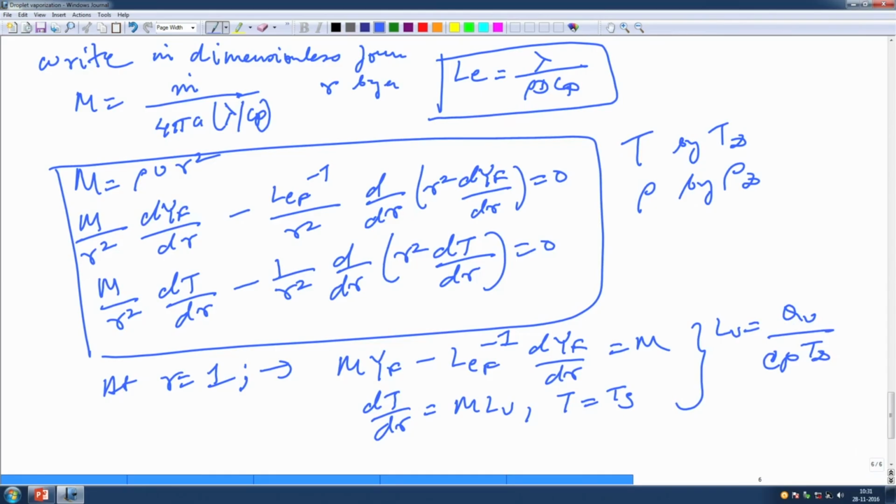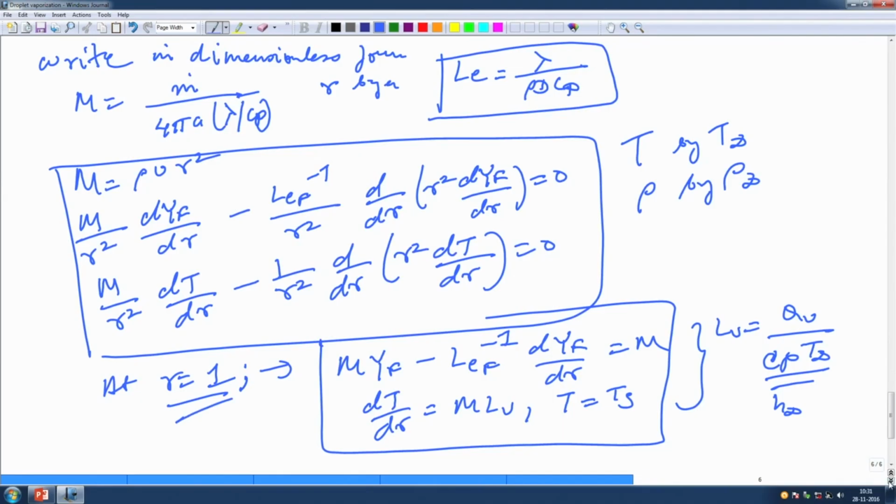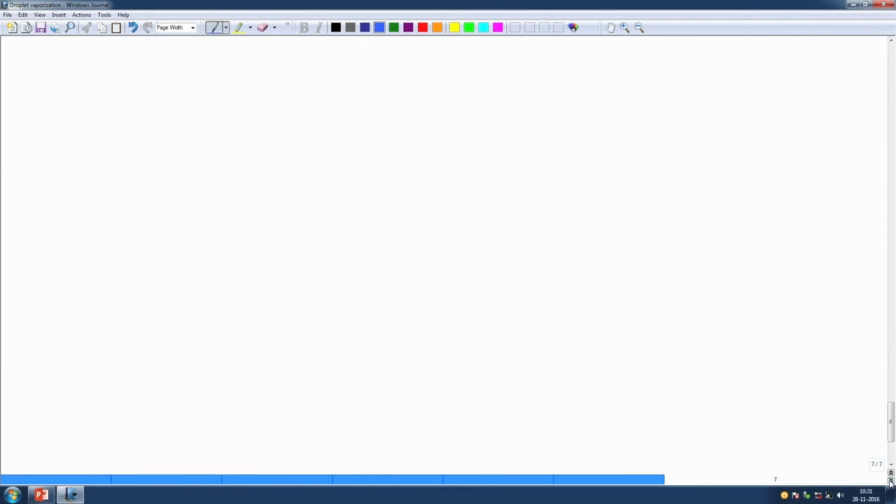Cp T infinity is basically nothing but H infinity. So, these are some of the basic quantities that we have written. Now, this actually shows what happens at the interface in terms of the normalized quantities.